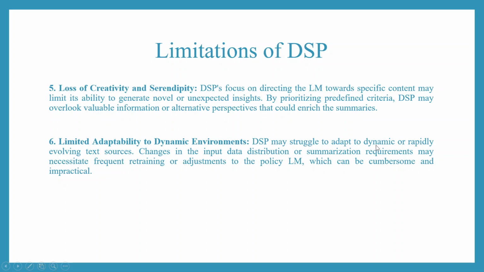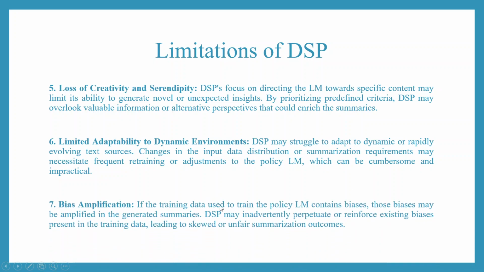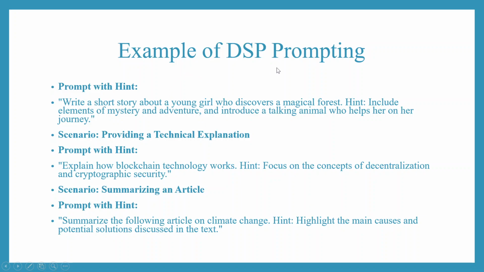DSP may struggle to adapt to dynamic or rapidly evolving text sources. Changes in the input data distribution or summarization requirements may necessitate frequent retraining or adjustments to the policy language model, which can be cumbersome and impractical. If the training data used to train the policy language model contains biases, those biases may be amplified in the generated summaries. DSP may inadvertently perpetuate or reinforce existing biases present in the training data, leading to skewed or unfair summarization outcomes.